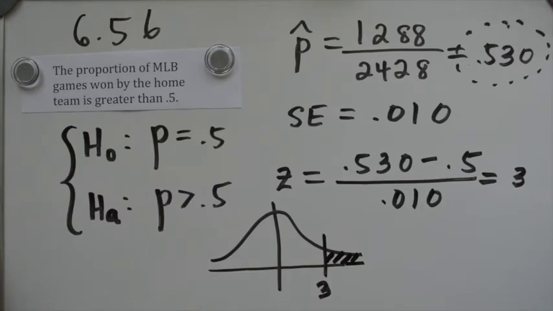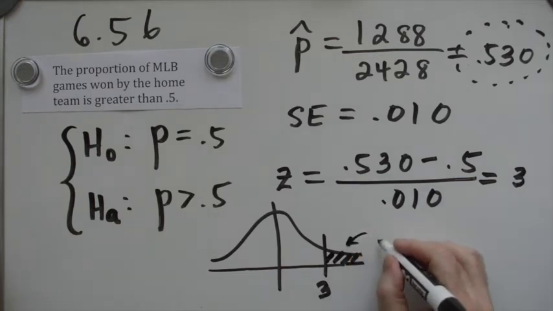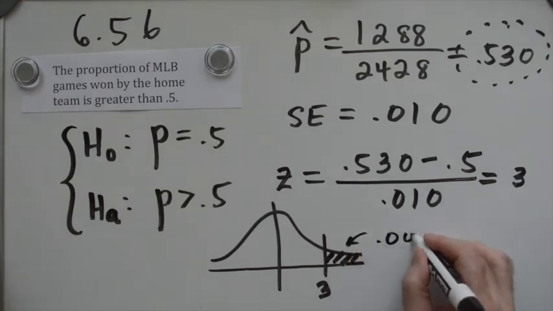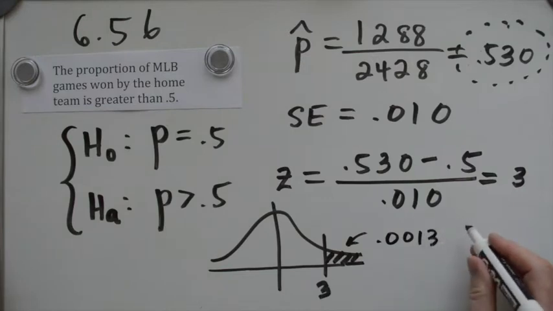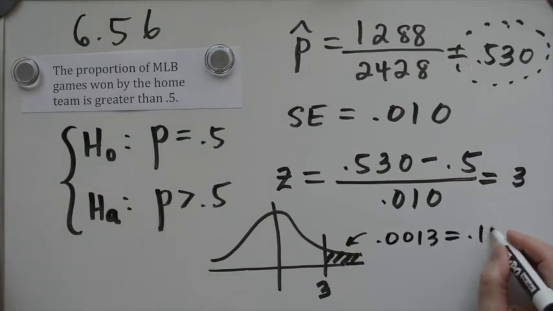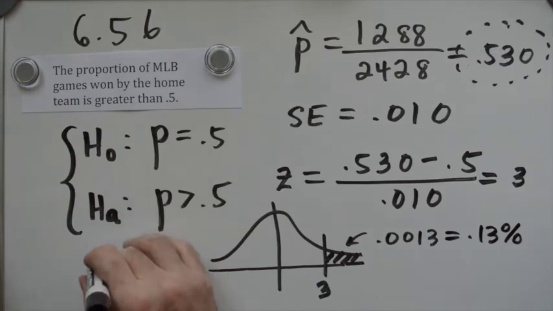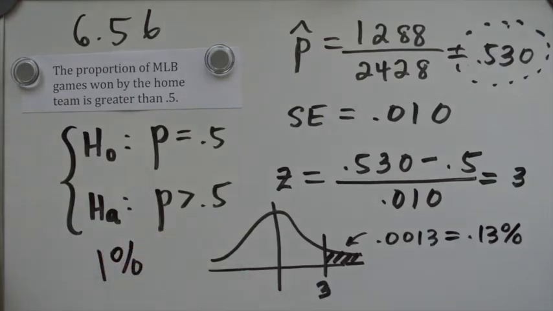And when we have StatKey do that calculation, we end up with 0.0013 or 0.13%.